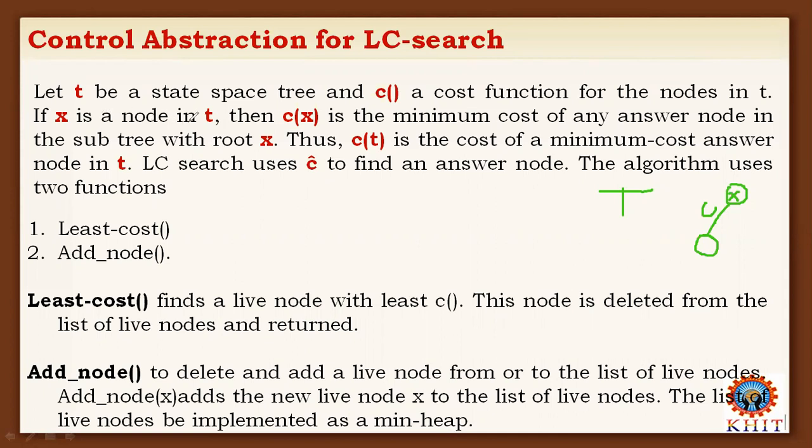If X is a node in T, the given state space tree, then what is C of X?